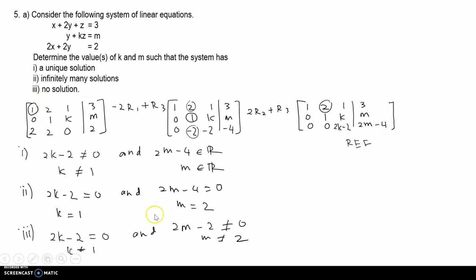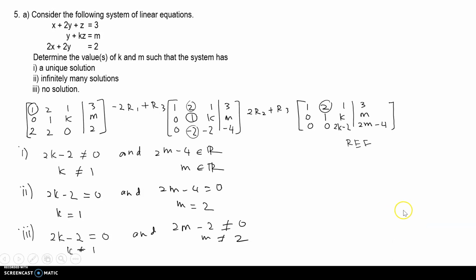Number 2, infinitely many solutions, both equal 0. Then you solve that, you will get the values of k and m. And lastly, no solution: the left part equals 0 and the right part does not equal 0. These are the conditions for all these questions: unique solution, infinitely many solutions, and no solution. You have to be familiar with all the conditions so that you can answer the questions.